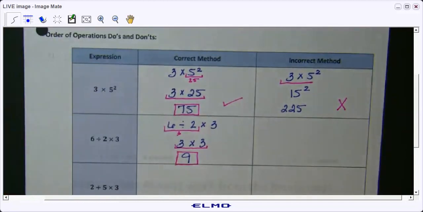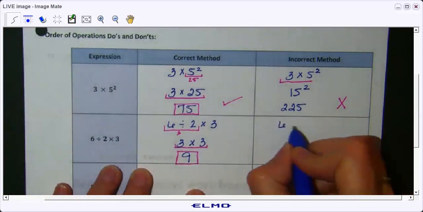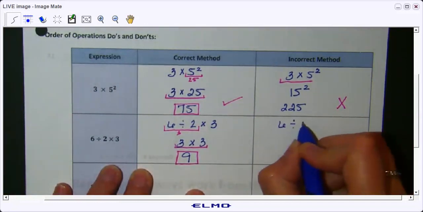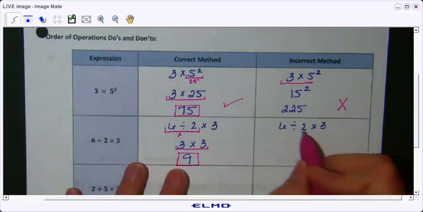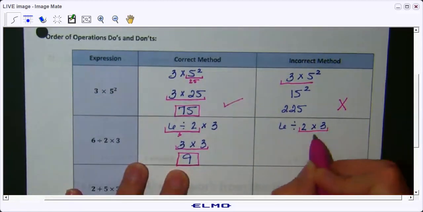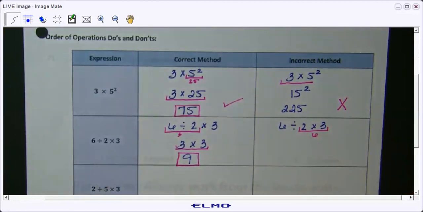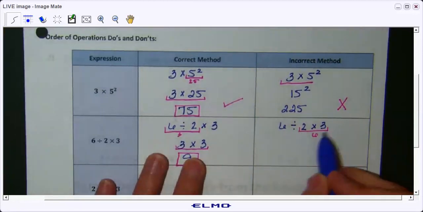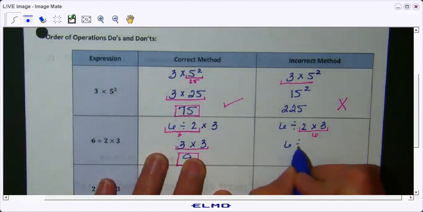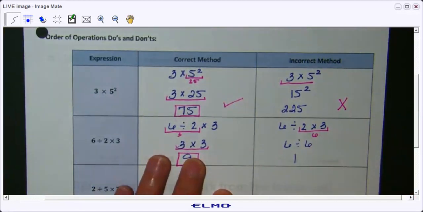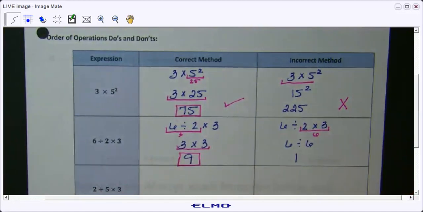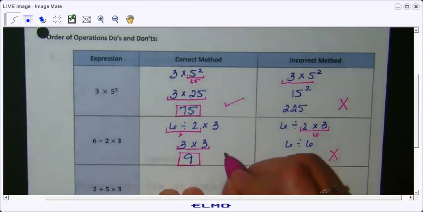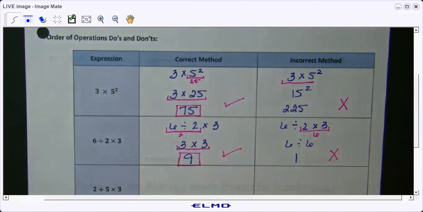But what happens when instead of doing this in the correct order, you do the multiplication first, which is the wrong order? You would end up doing your multiplication first, and you would get 6 divided by 6, which is 1. Different answer, because this one was not done correctly. So this is not the correct way. This is the correct way.